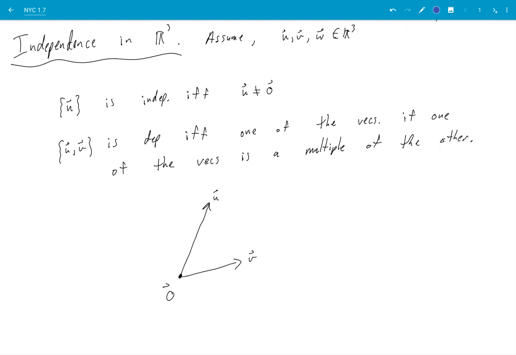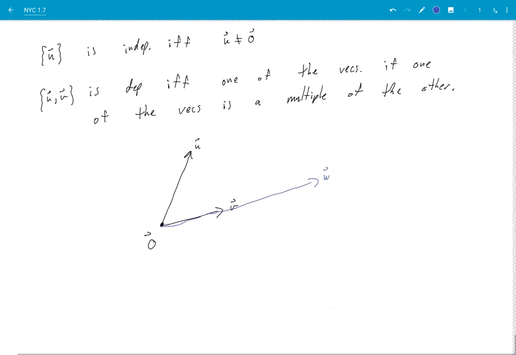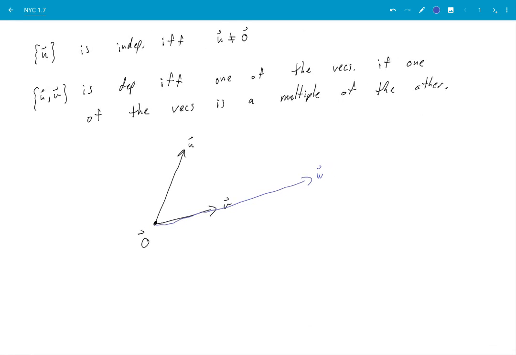But if by chance, say U goes off like this, then the set here would be independent or dependent. Okay, so dependence looks like, oh, I want to be more, I'm going to change this to a W just so something a bit more coherent.